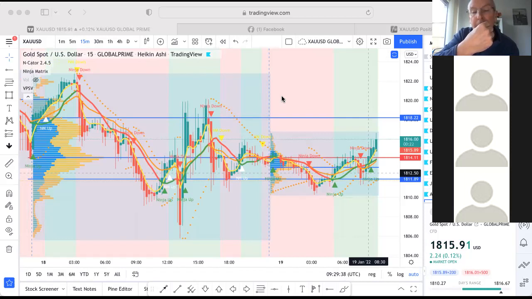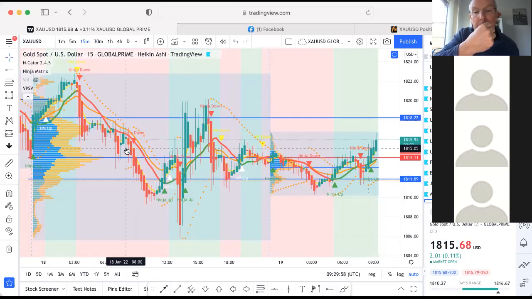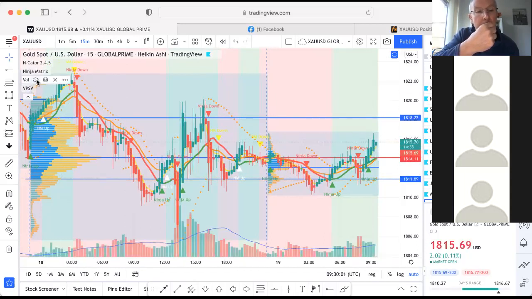It gives me all the confirmations I look for when I'm entering a trade. We've got the Ninja Matrix is green. We've got a Ninja up. We've got the moving averages all in the right place, and the PSAR is fairly well away from the price. So I would say, if you're willing to be patient, and the reason I say that is because volume is fairly low at the moment.